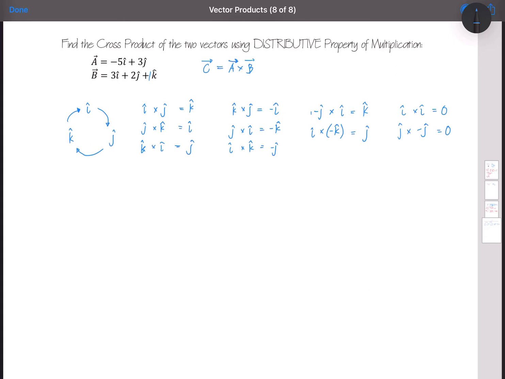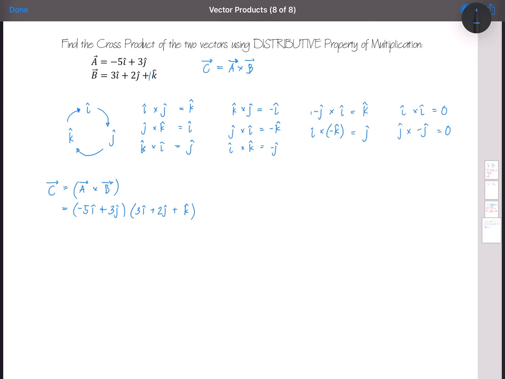Now, what do we do in distributive property of multiplication? In this example, vector C is equal to vector A cross vector B, which is negative 5 i hat plus 3 j hat times 3 i hat plus 2j hat plus k hat, or 1k hat.